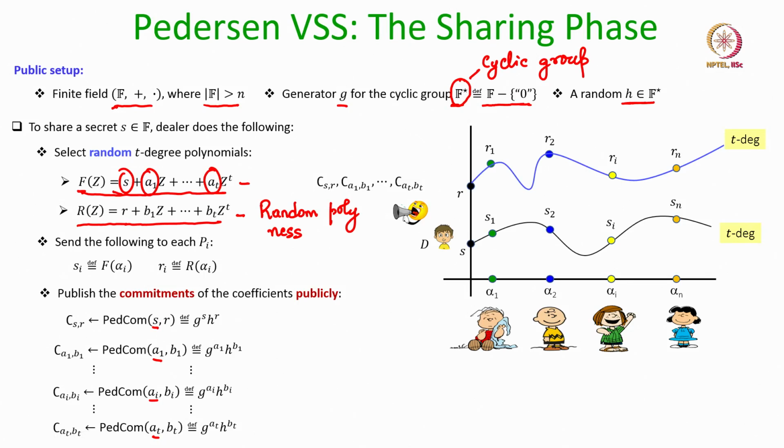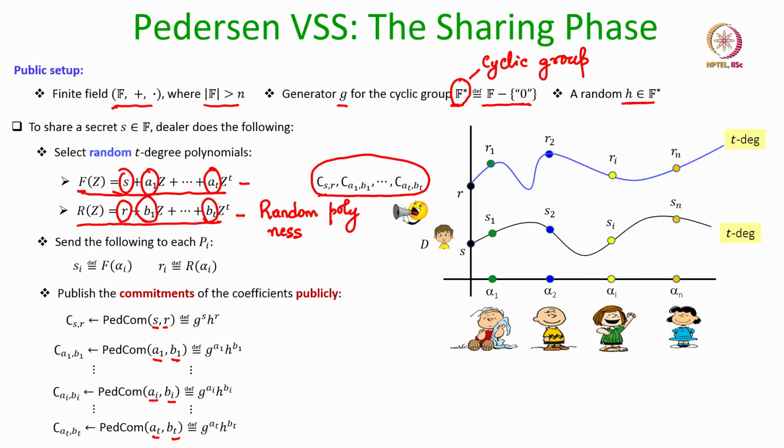Now, recall in the Pedersen's commitment scheme we also need a randomness to commit a value. So, if you see here closely, what are the randomness used here in the individual commitments? They are the coefficients of the randomness polynomial. So, that is why we have a sharing polynomial and we have a randomness polynomial, and these commitments are available publicly. So, that will be broadcasted by the dealer using any reliable broadcast protocol.